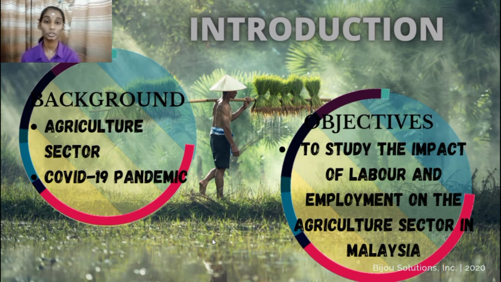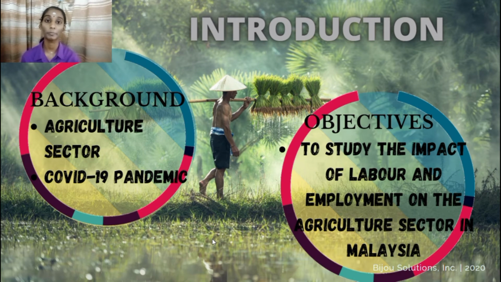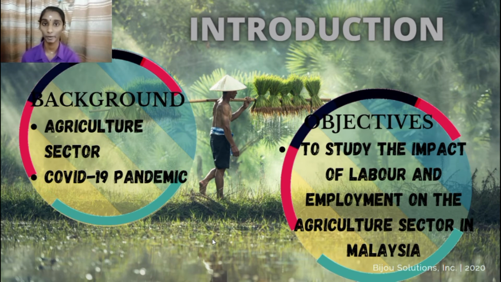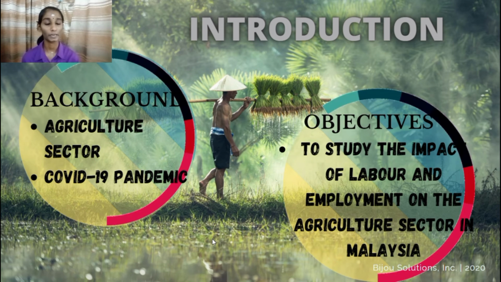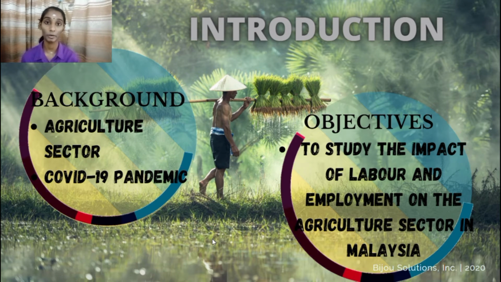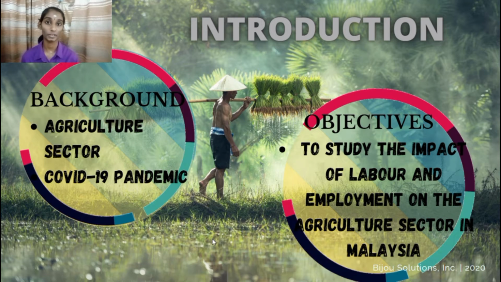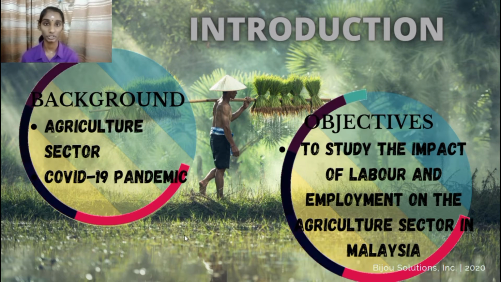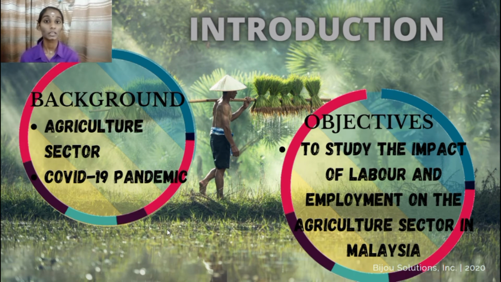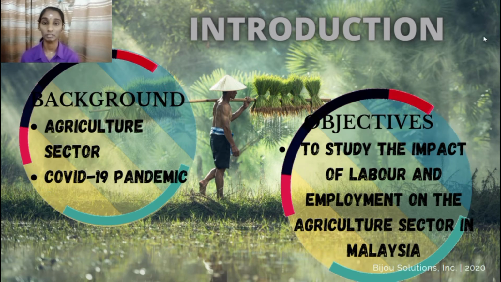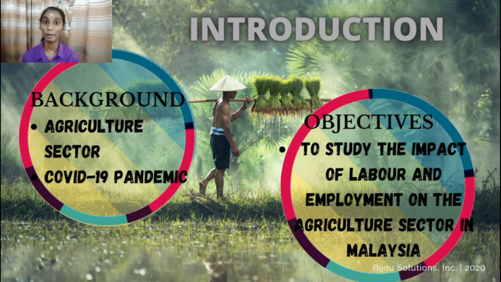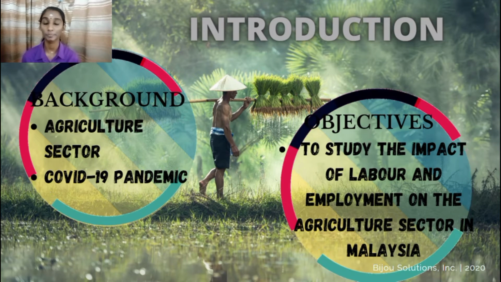However, the condition of the agriculture sector became worse during the COVID-19 pandemic. What is the COVID-19 pandemic? It is a new pandemic experienced by all countries. The first case of COVID-19 was reported in Wuhan, China, and it spread fast to other countries. In Malaysia also, day by day, the cases increased.